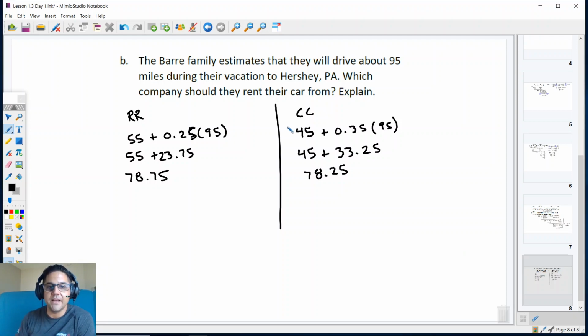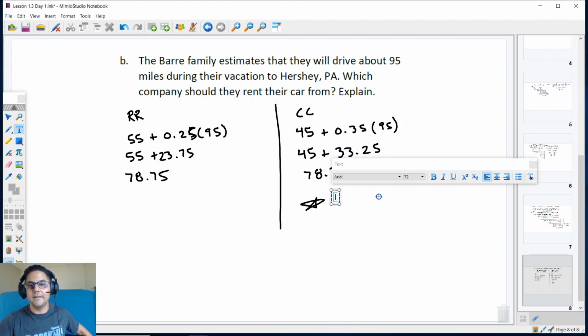Obviously, based off this, if they want to save 75 cents, they would go with Capital Cars. So let me put a quick sentence here.